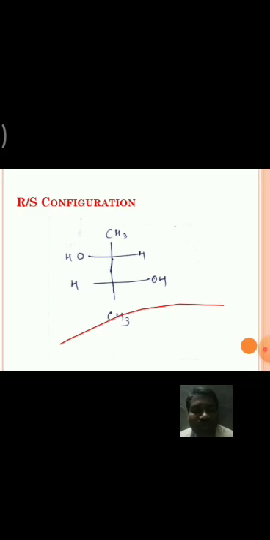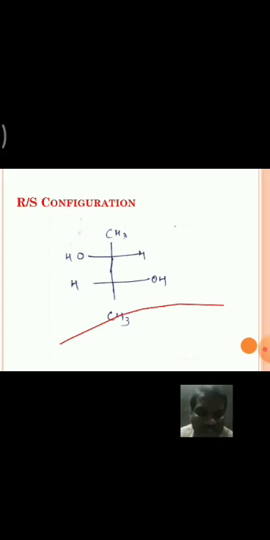In DL configuration we take glyceraldehyde as the origin molecule. By taking glyceraldehyde as origin we can assign DL configuration to other molecules. If the OH group or NH2 group is on the right side at the bottommost chiral carbon, then the molecule is configured as D, and if the OH group or NH2 group is on the left side, then we assign L configuration to that molecule. This is about DL configuration.